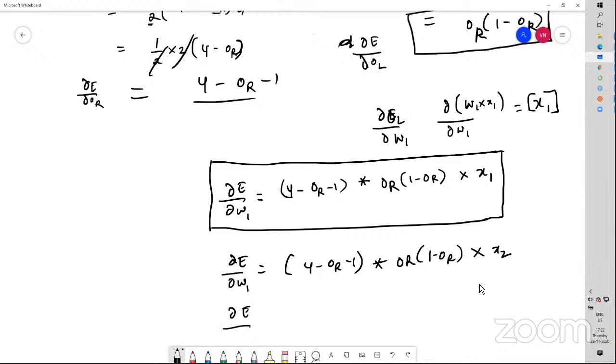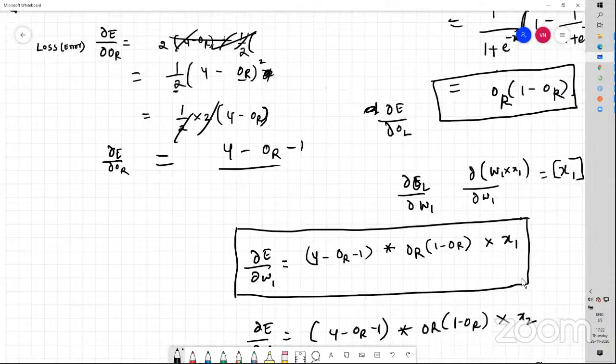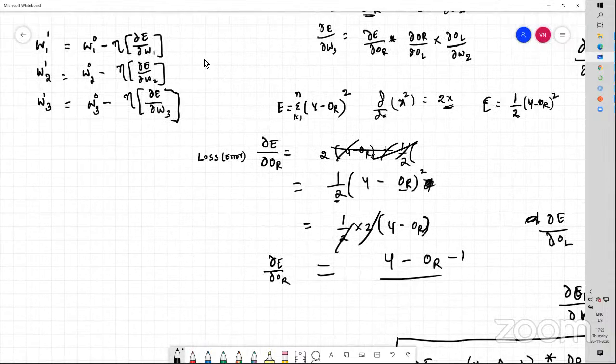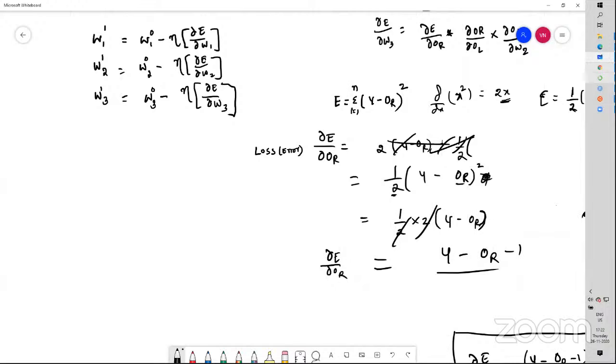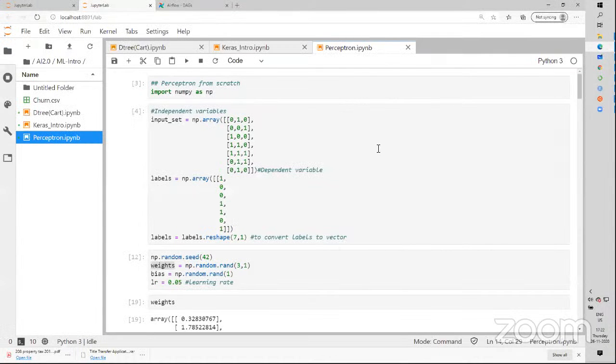And dou E by dou W3 is equal to y minus OR, minus 1, into OR into 1 minus OR, into X3. Using these equations, we will find these gradients. Once we have found these gradients, we can update the weights. Okay, fine. So let's do that in a program.